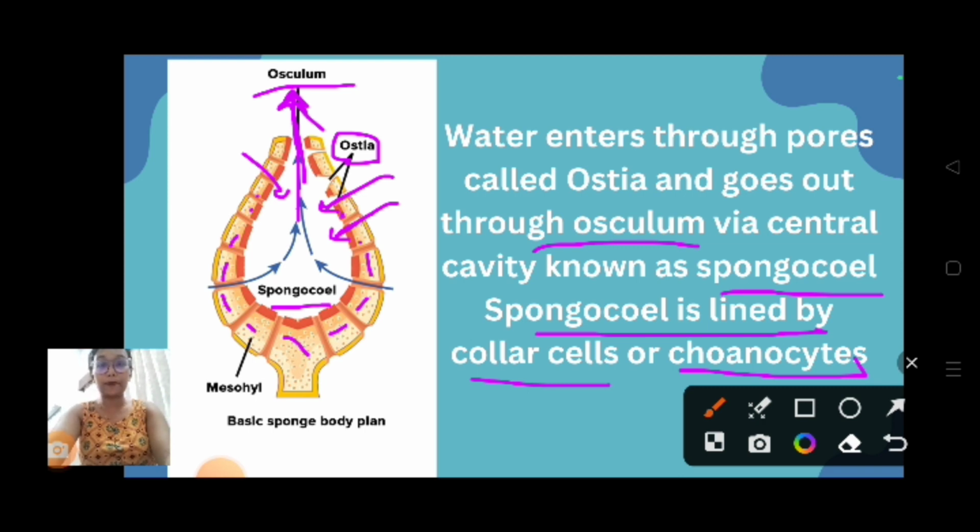Is it clear? Let me make it clearer. Suppose this is a diagram of a sponge. Let me make some rays out.